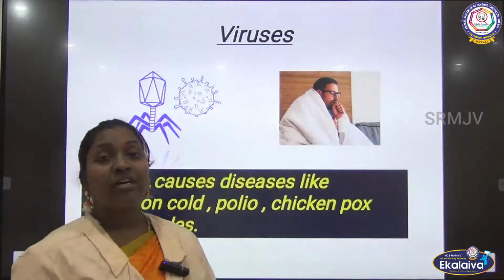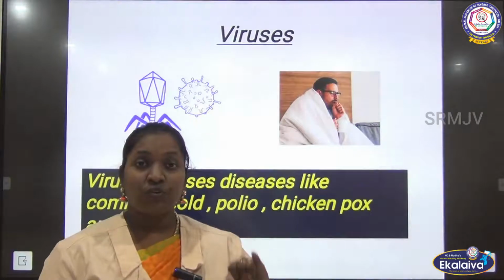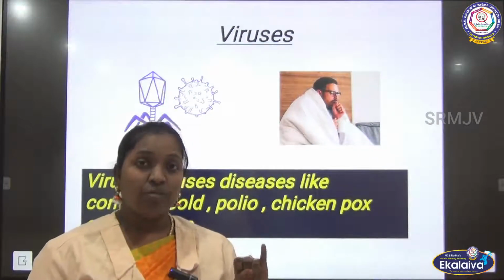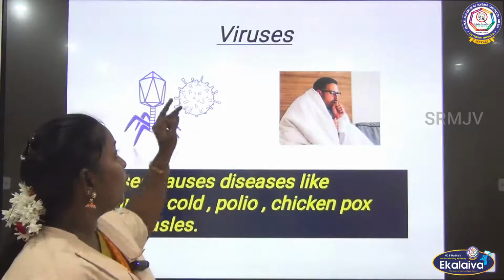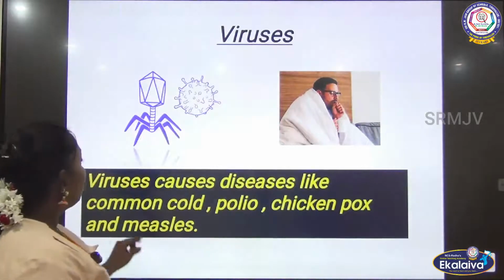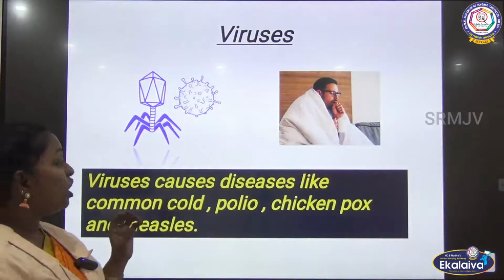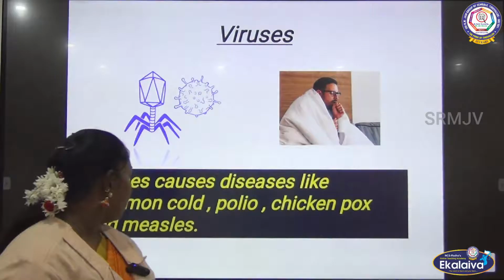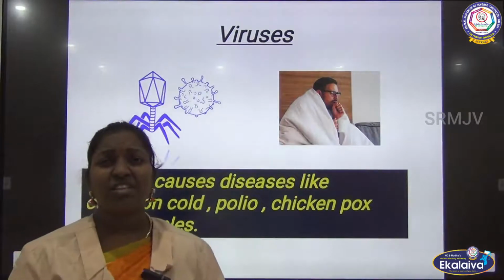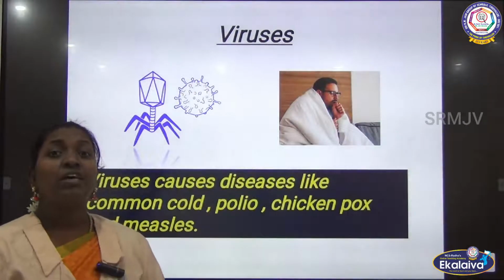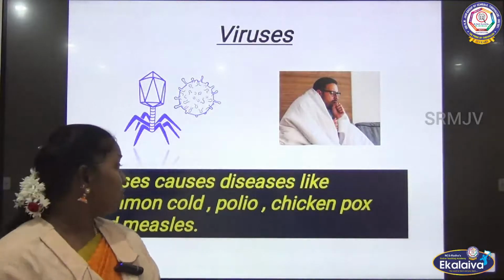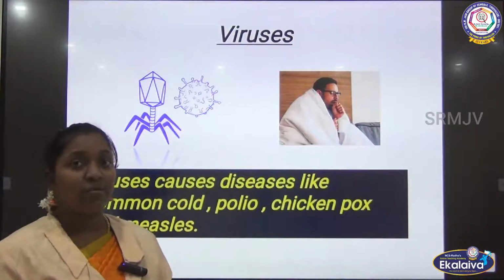The next germ is virus. First we saw bacteria, then protozoa, and now the virus. Viruses cause diseases like common cold, polio, chickenpox and measles. The person definitely cannot withstand these by themselves.